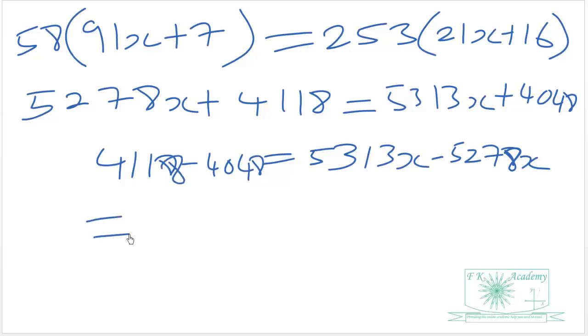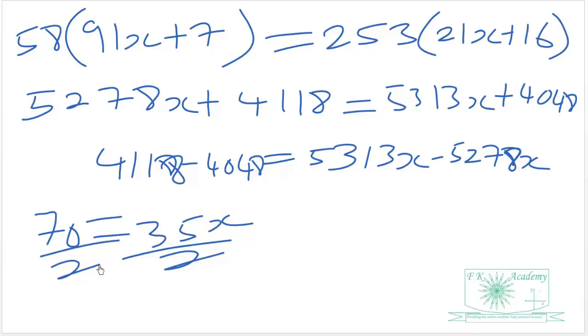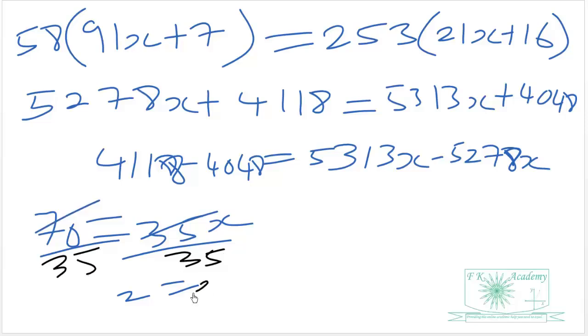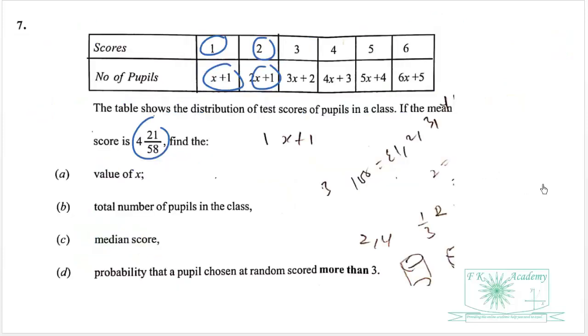So this simplifies to 70 is equal to 35x. We divide through by 35, and we get x to be equal to 2. So the value of x is 2.